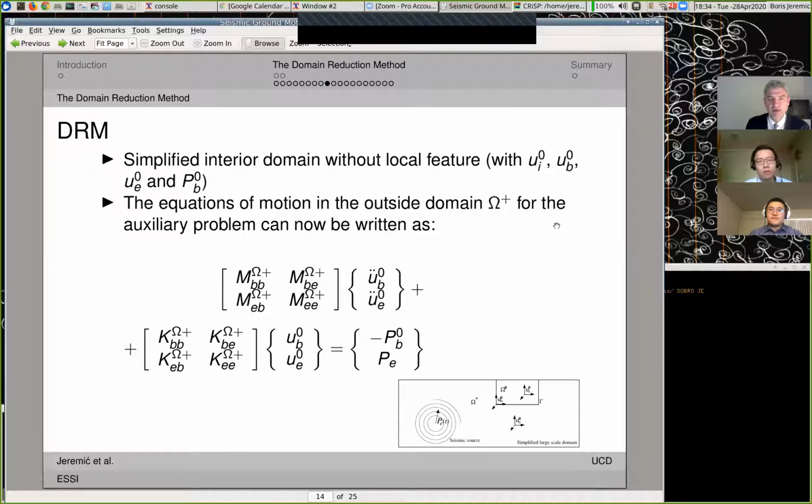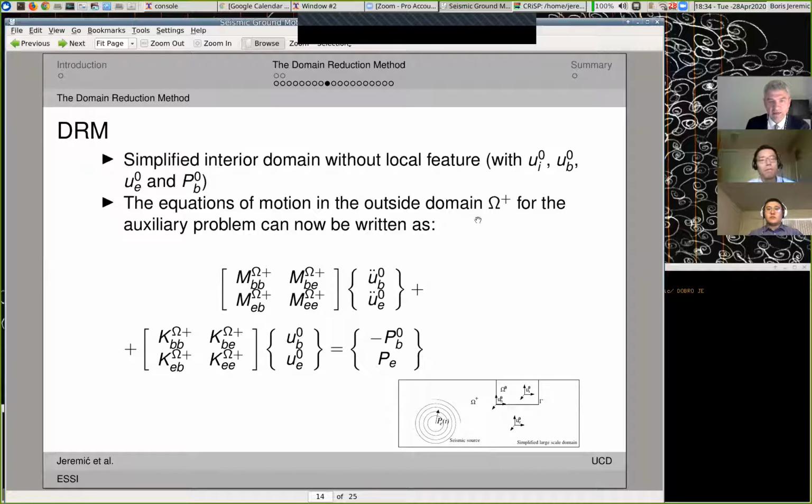Let's now look at the actual simplified interior domain that's inside, that has those UIs, UBs, and so on, without the local feature. And then we look at the exterior domain that's outside.